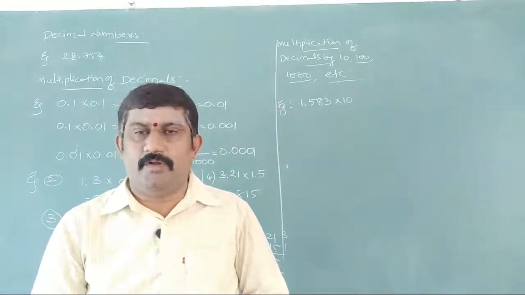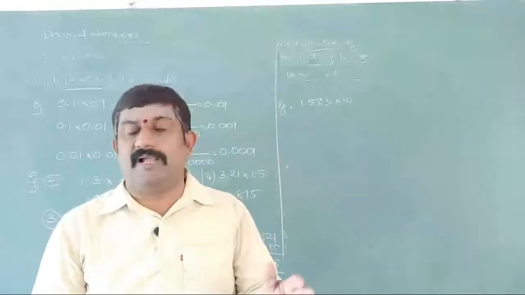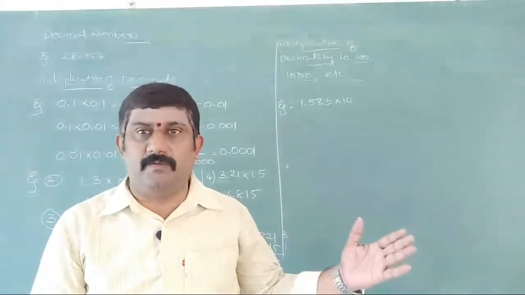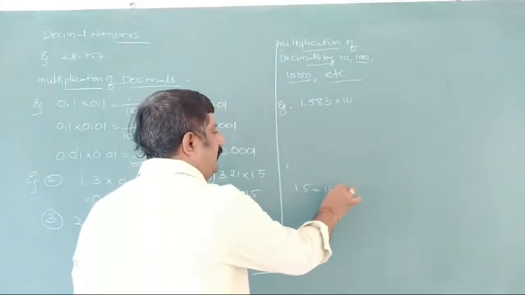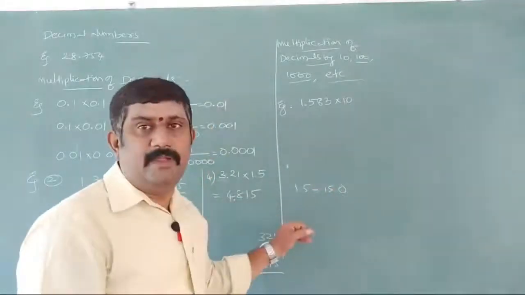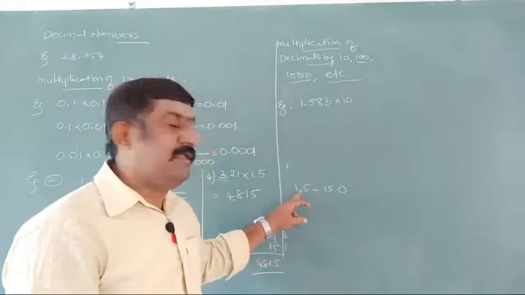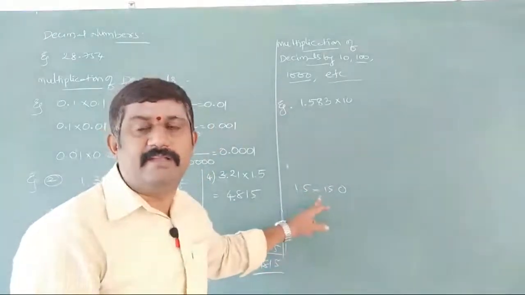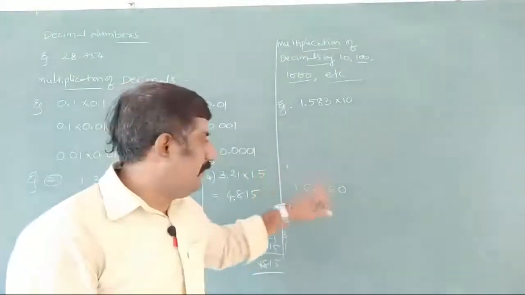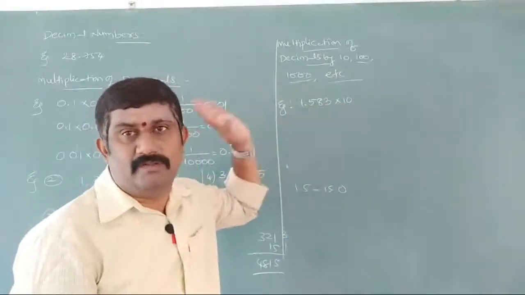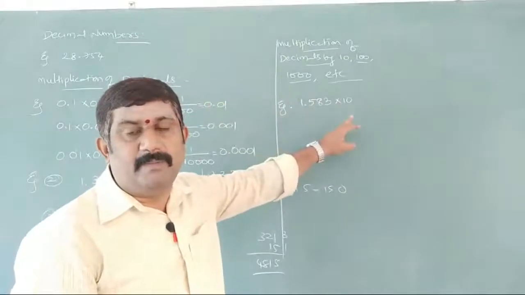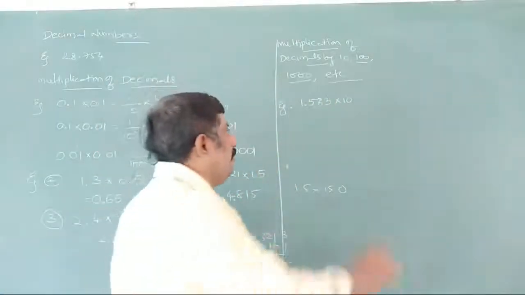So what is happening here? 1.5 is becoming 15, or 15.0 if you want to write it. That means this decimal is moving to the right side once when you are multiplying with 10.